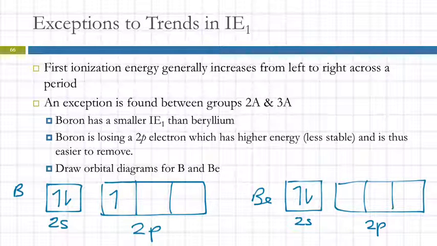Yes? Okay, so think about the energy that these different sublevels have. So 2p is a higher energy sublevel. That makes it less stable. Okay, something that's high in energy is less stable. Think of the piano hanging outside the second floor window.